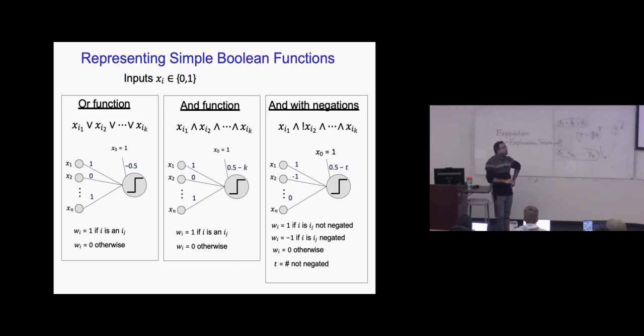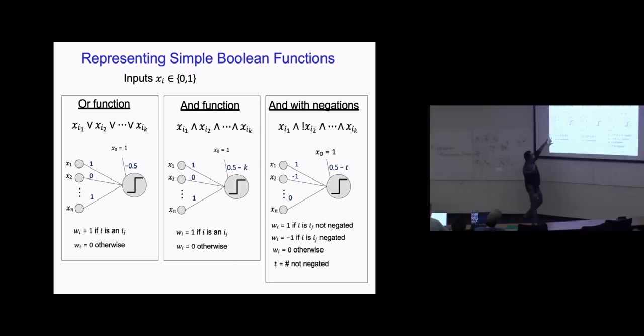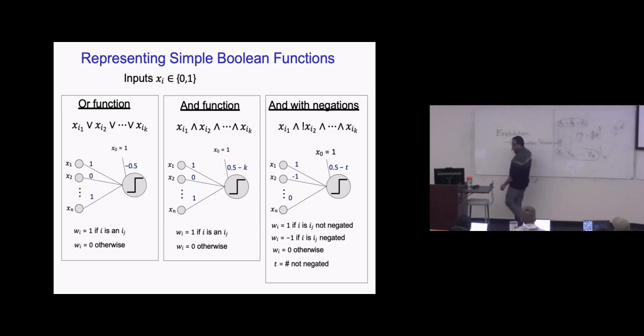What can you do? You can use a network like this, where the weights that you see, just a single layer, form a threshold function, and it's a threshold on a dot product, right? So what you essentially do is this.